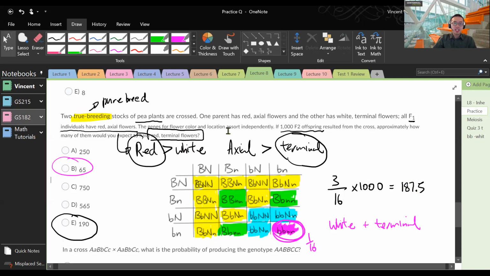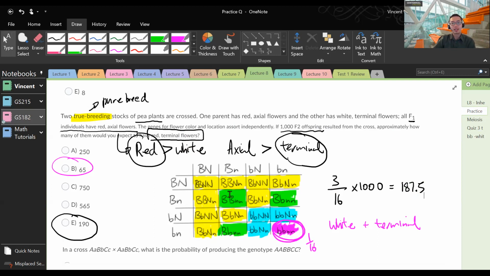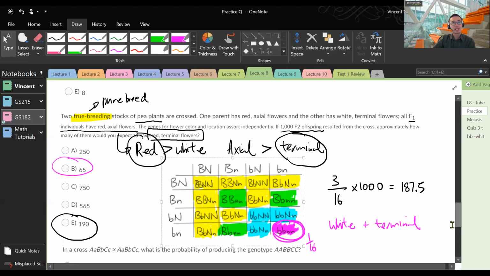Does this make sense? If you see this question on the test, you can just find this chart and look it up. That's why it's a 1 mark question. You can do it very quickly. The key is to have this chart though. Stick it on the wall.